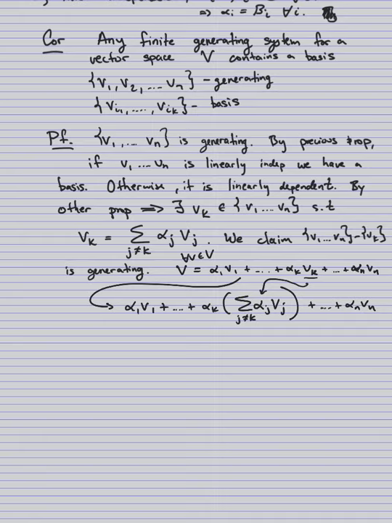Now, I don't want to go through and write down all of what this is to work out exactly what the coefficients are, but once you multiply this all out, you'll get a linear combination of the v sub 1 up through v sub n which misses v sub k, since we've just written v sub k in terms of the others. Okay, so therefore, it is still generating.